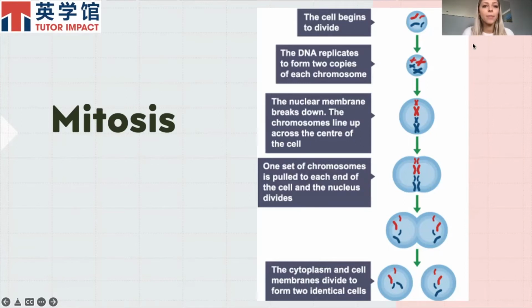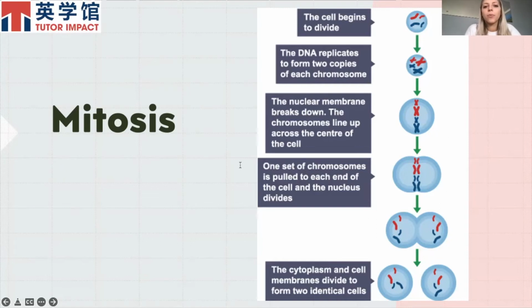So just to recap that process again, we start with interphase, which is the first 2 pictures in this diagram. This is where the cell begins the process of dividing. The DNA is replicated and you have 2 copies of each chromosome. We then begin to see mitosis in the second pair of diagrams here.